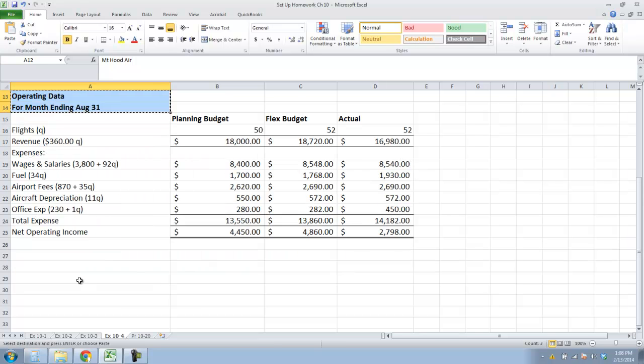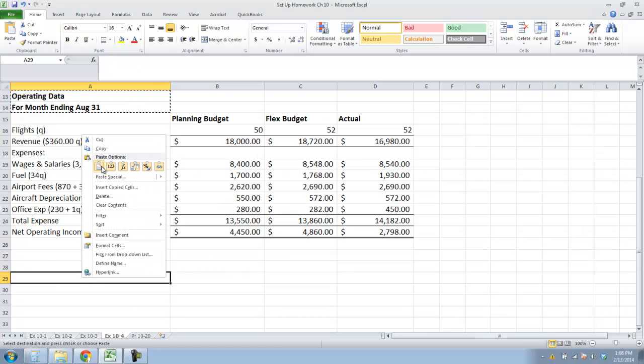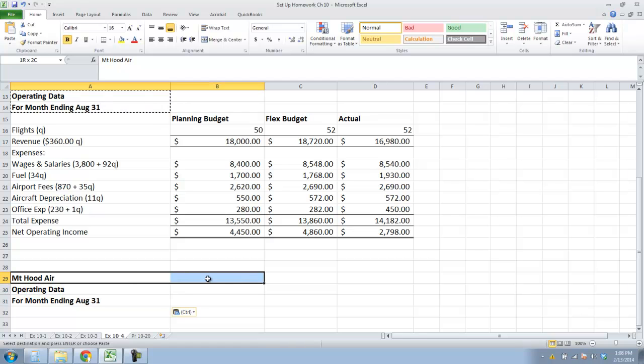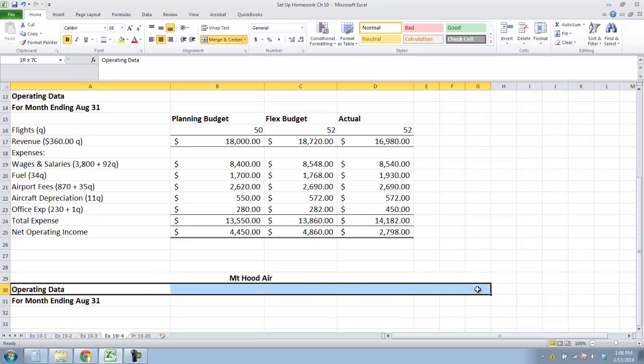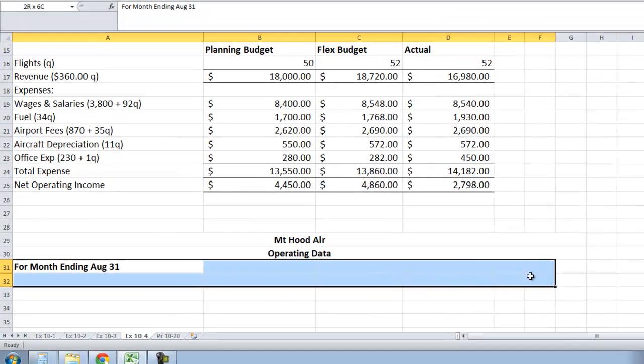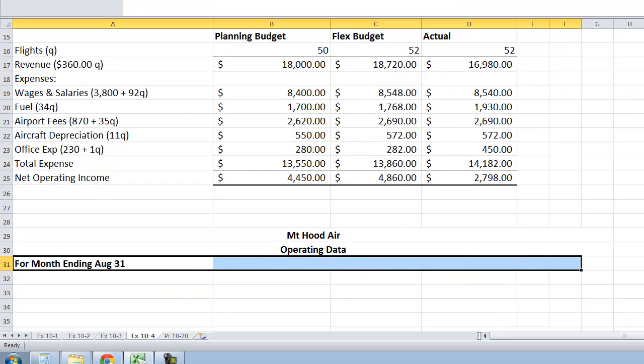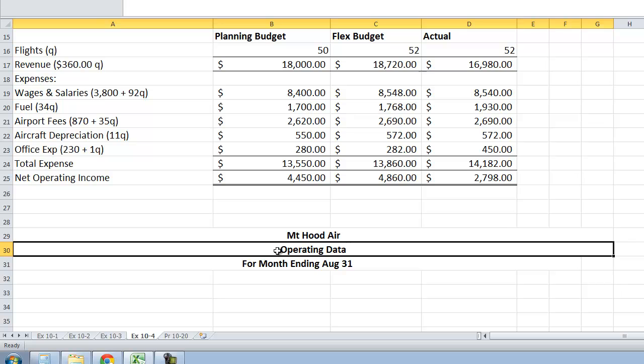Mount Hood. And this is going to be a flex budget performance report.